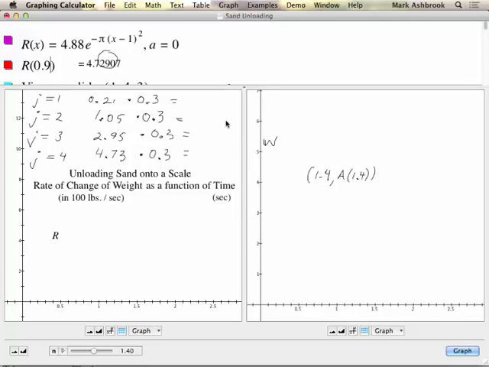Okay, so if you've got a calculator, quick, just pick one of those, 1, 2, 3, or 4, and do it. I got 1.42.